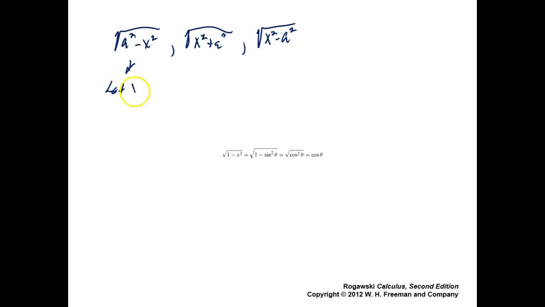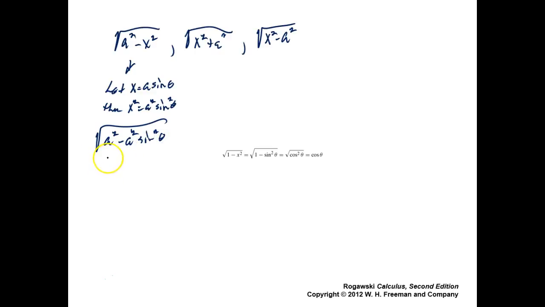Let x equal a sine theta. That's the substitution. Let's see what happens. X is squared, so x squared is equal to a squared sine squared theta. Put that in there, and you have the square root of a squared minus a squared sine squared theta.